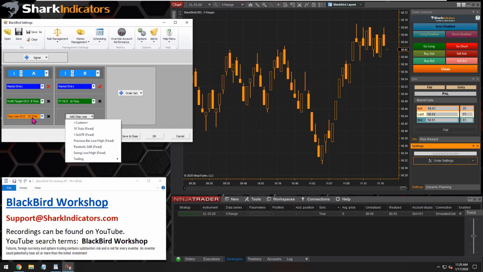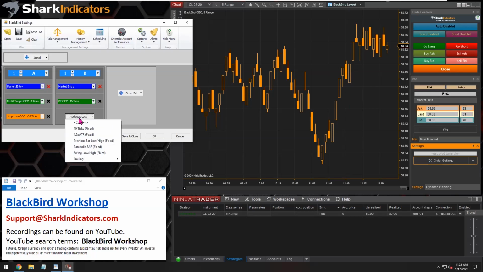That is something we have on our to-do list: to be able to have orders match the price of other orders. So for now, since we are using a market entry, getting these prices to match each other is just going to be an approximation based on where our market entry order gets filled.